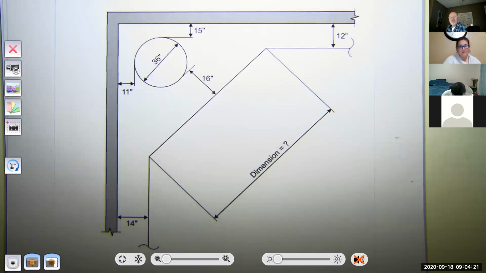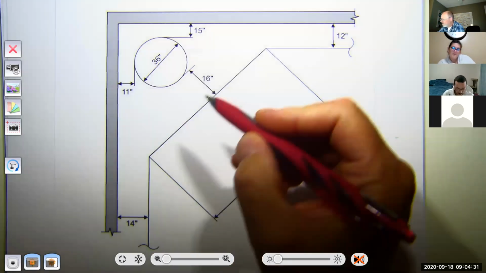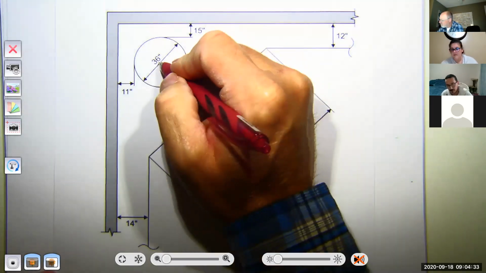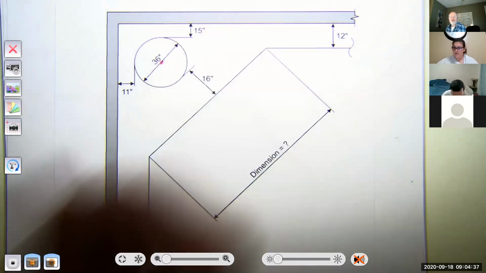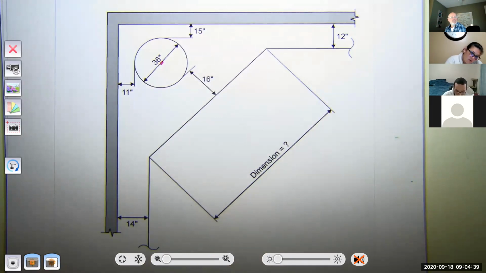Anytime you do not have a measurement from the corner, like on this one, we start from the center of our object. You can see my little red dot right in the middle of that object, and that's where I'm going to start.